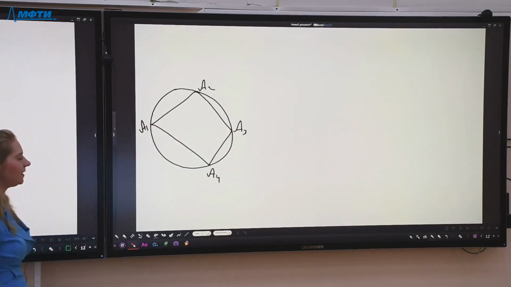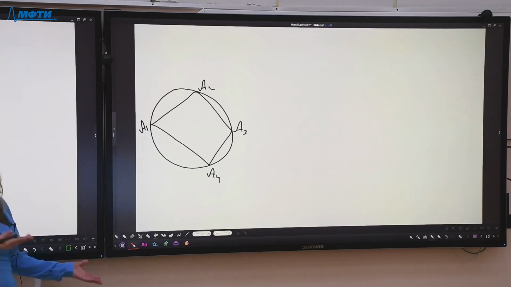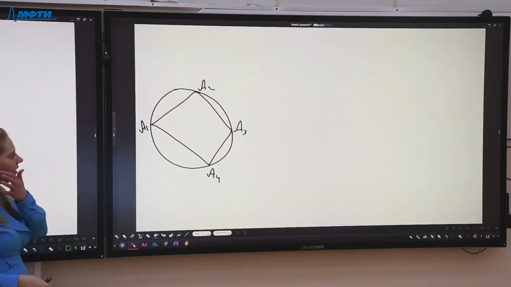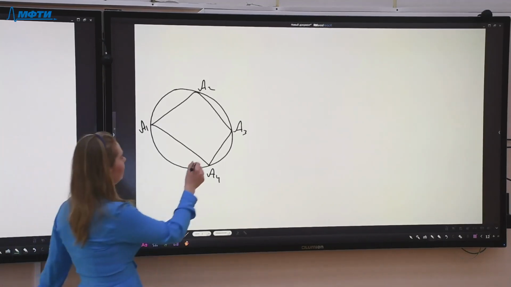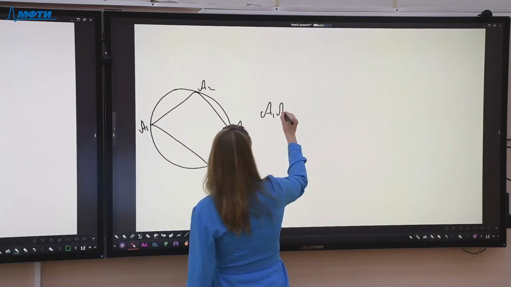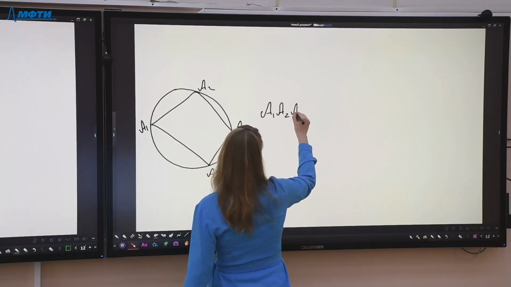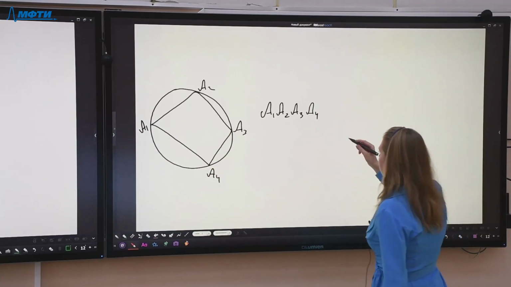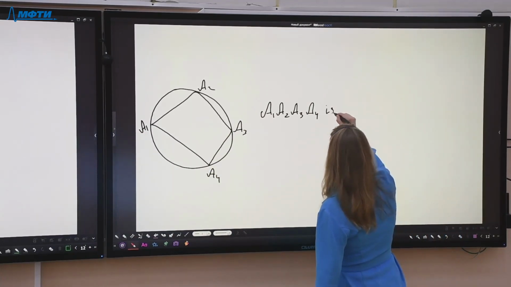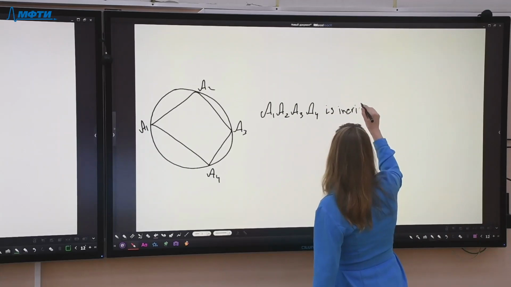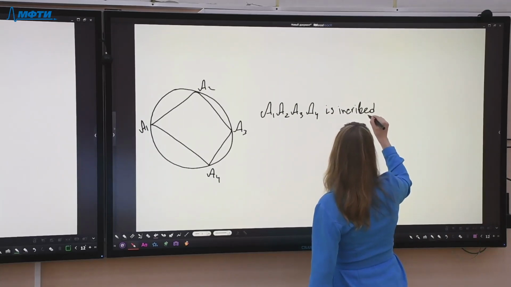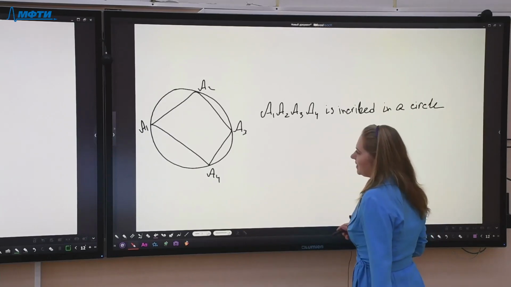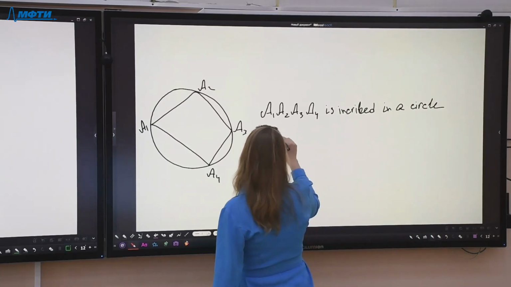In our case, this is a quadrilateral, but it can have, for example, 4 or 5 or more sides. So this quadrilateral A1, A2, A3, A4, we say that this is inscribed in a circle. So this is an inscribed polygon, inscribed quadrilateral.